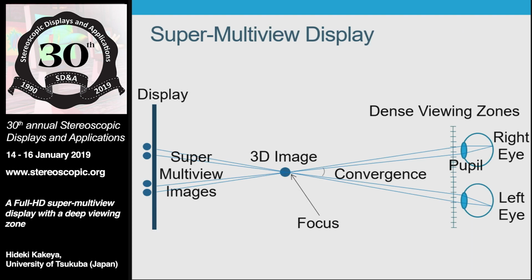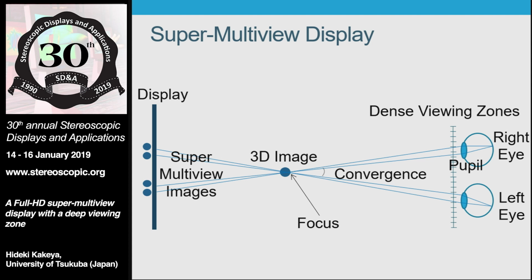To solve this problem, there has been several research on super multiview displays. How it works is that this is the pupil of the eyes, and if we can show more than two light rays to each eye, for example, if this image is observed from here, and this image is observed from here, we can stimulate focal accommodation of the eyes.